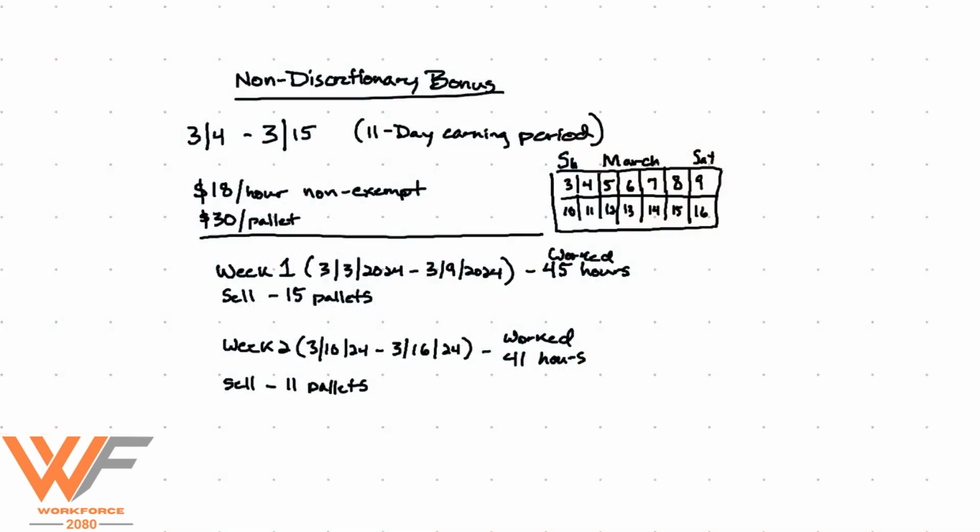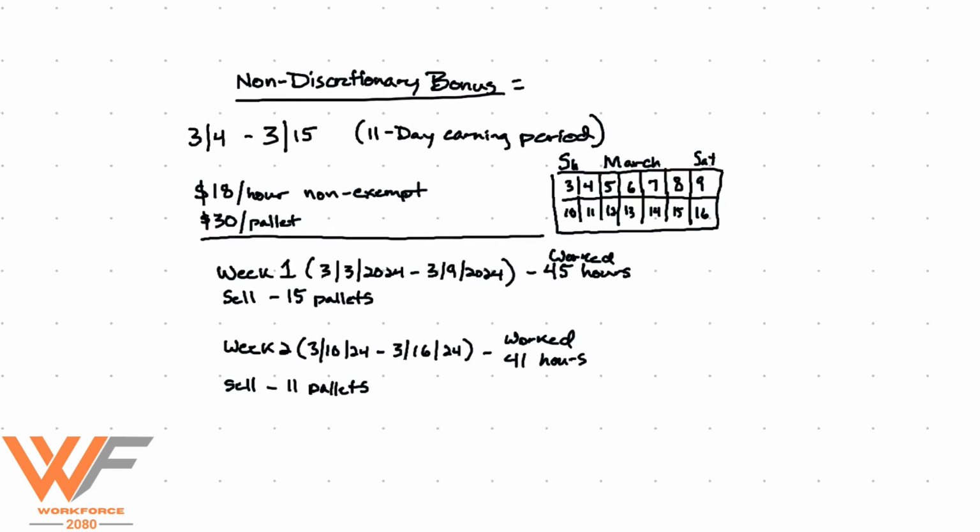So I want to explain how this non-discretionary bonus is going to work. A non-discretionary bonus is best defined as a performance bonus. In other words, they're telling you if you sell X number of pallets, you'll get a reward.